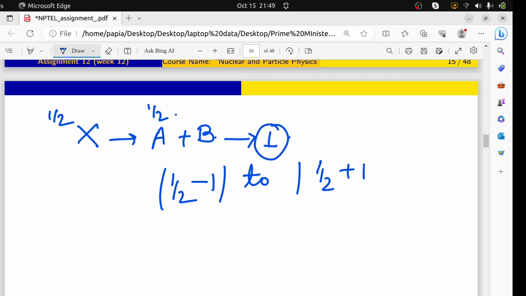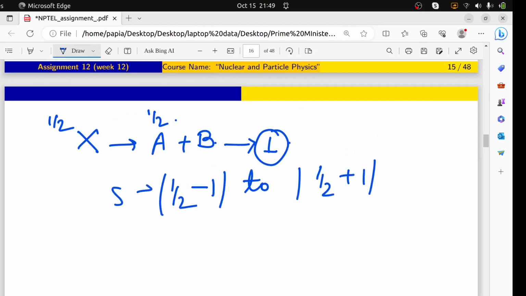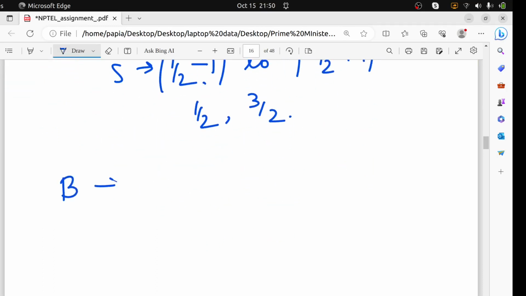So for that case, the resultant S will have the value half and 3 by 2. And also you can see that in the initial case the spin was half. So that means the spin angular momentum quantum number will be conserved here. Okay. So obviously we can tell that whatever the B is there in that question, it will be a boson, not a fermion.